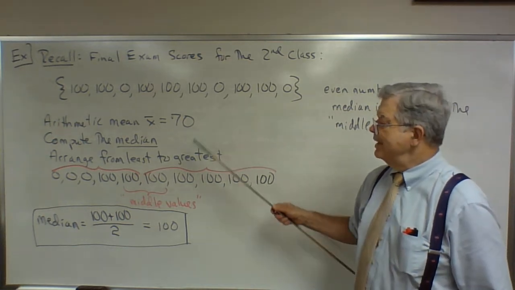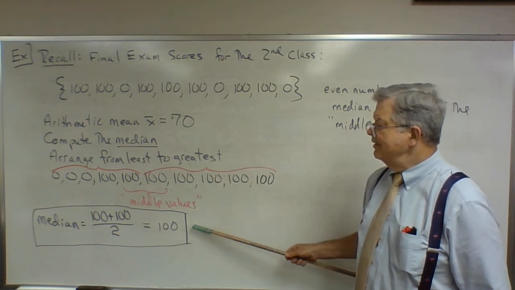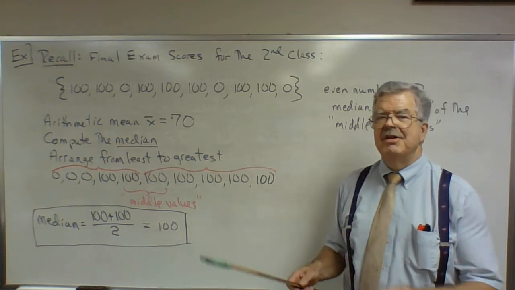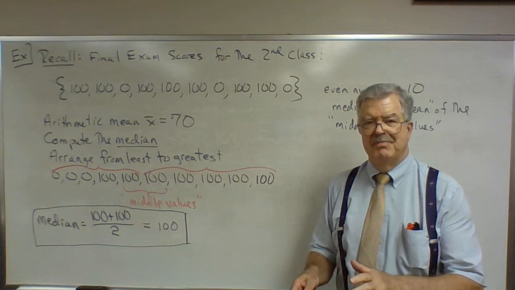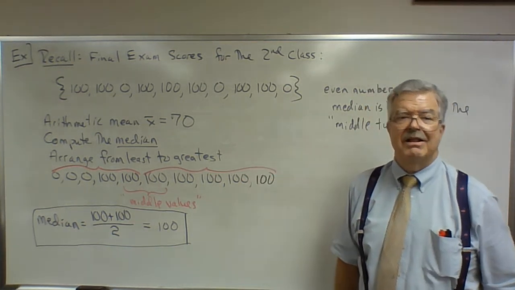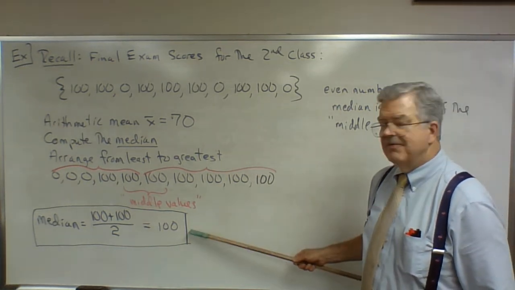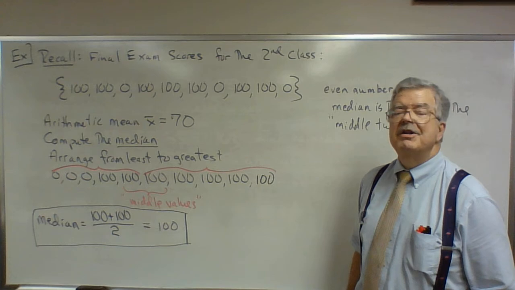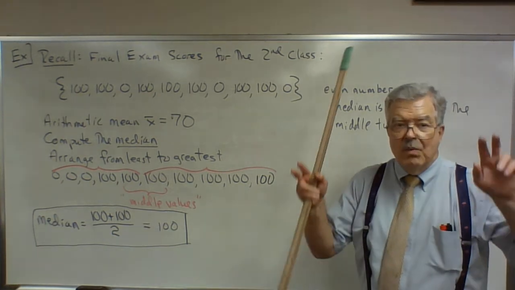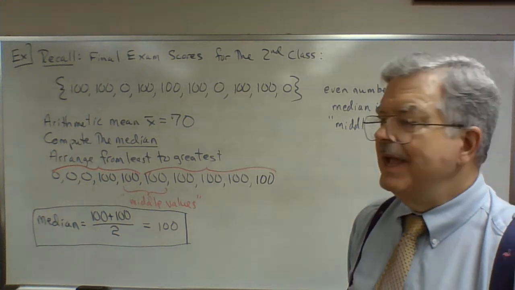So this is one witness, this is another witness, and each of these witnesses fills in the blanks that the other witness can't tell. Put them together, and they tell us exactly what's going on. So this is why we have different forms or different measures of what's average. Next, we're going to be looking at mode.